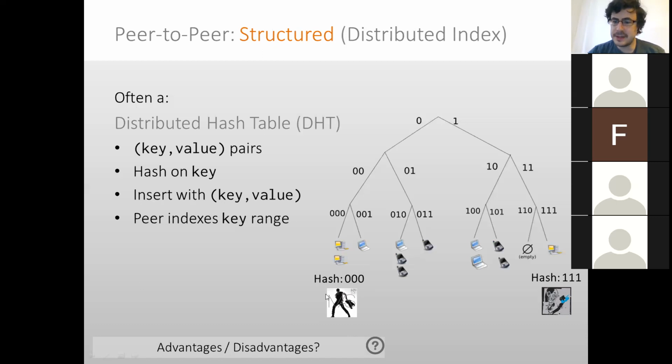The disadvantage might not be so obvious, but essentially the peers are assigned data. We have to impose a structure on the network now. We have to say, hey, you peers, you're at 000. You index Ricky Martin's new album, even if they maybe aren't interested in Ricky Martin's new album. So the peers don't have a choice here. There's a structure imposed on the network.